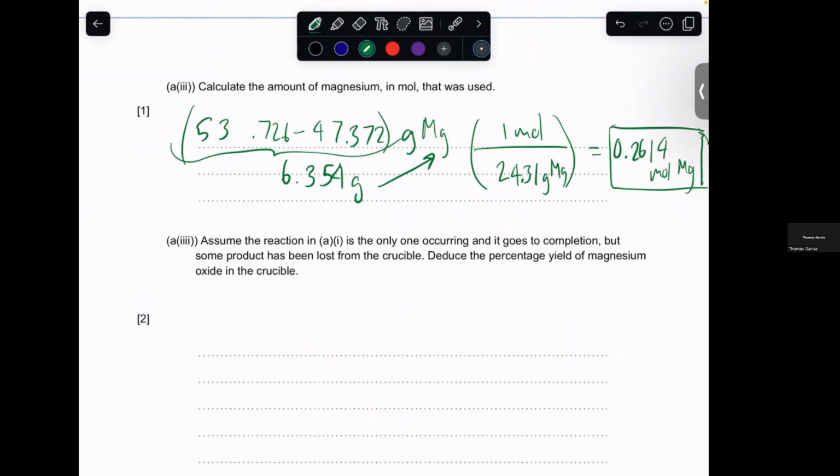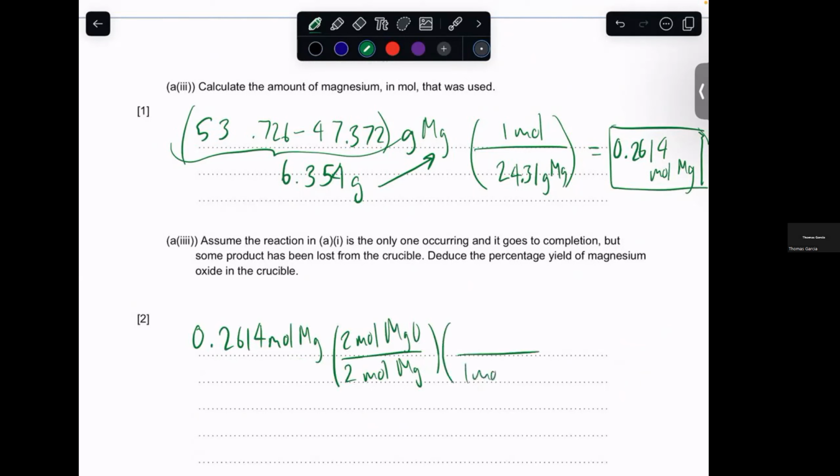As we move forward, we're going to start by writing our previous answer from before, what we started with, 0.2614. Now, from that, we're going to do our stoich. This is mole Mg. I know that for every 2 moles magnesium, I make 2 mole magnesium oxide.